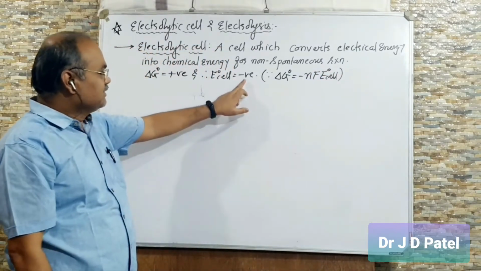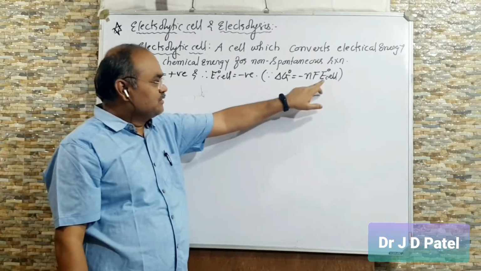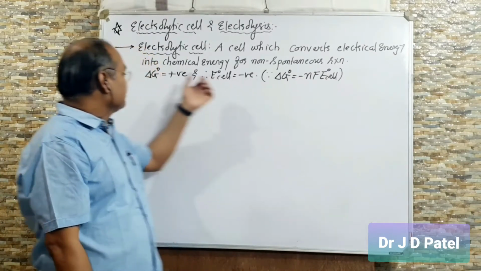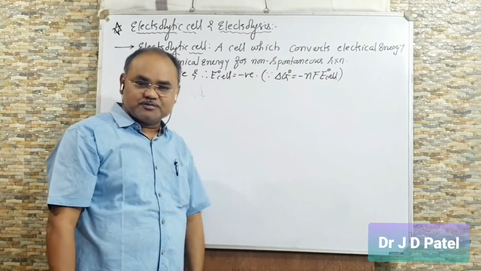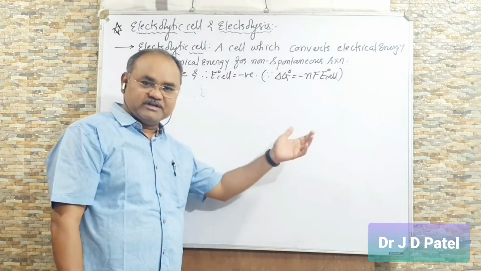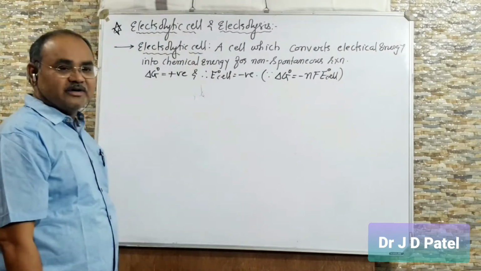Now you can see here, if E0 cell is negative, then minus and minus will become positive, and delta G0 positive indicates the reaction is non-spontaneous, and non-spontaneous reactions are carried out in an electrolytic cell.